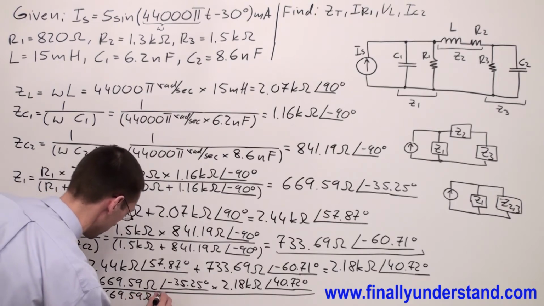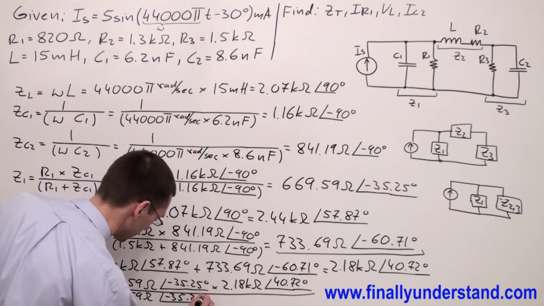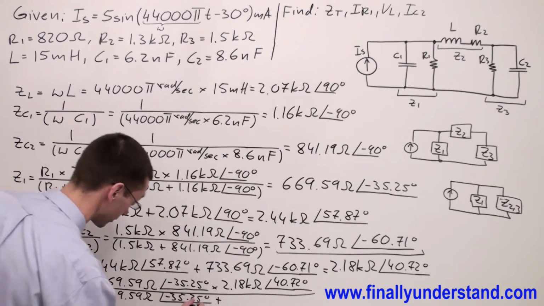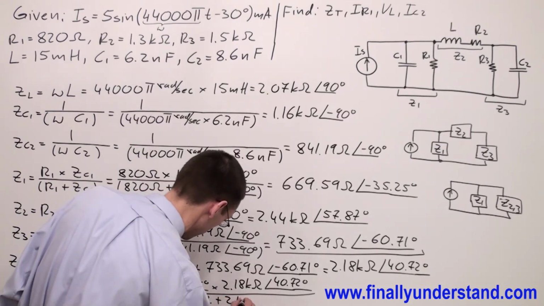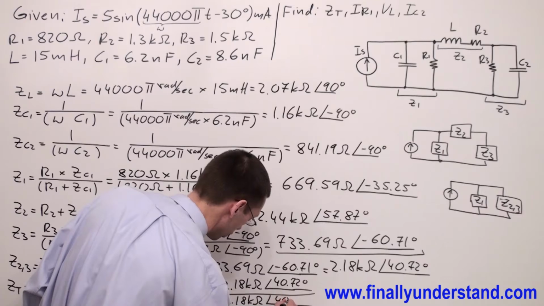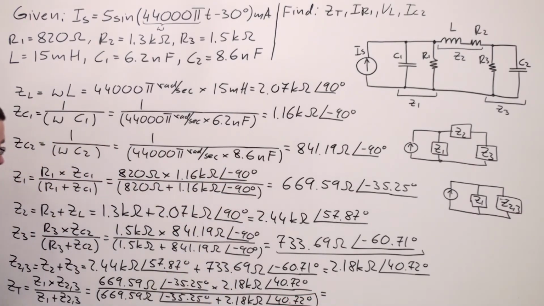669.59 ohms and angle of negative 35.25 degrees plus, of course, open the parentheses, 2.18 kiloohms and angle of 40.72 degrees, close parenthesis, in the denominator.